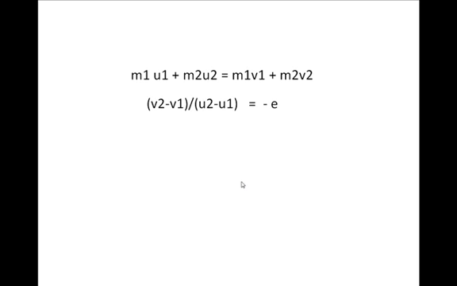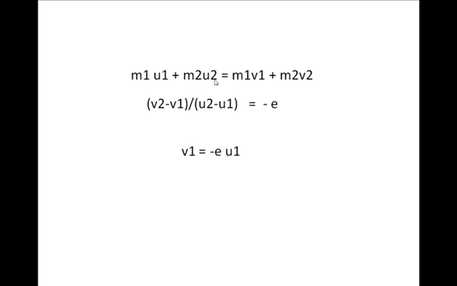And just to refresh your memories, as explained in earlier videos, in collision there are two governing equations. First equation is conservation of momentum, and second equation is velocity of separation upon velocity of approach is coefficient of restitution. These two get reduced to a single equation like this.